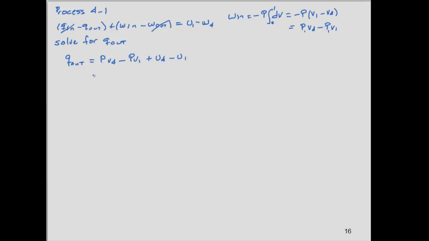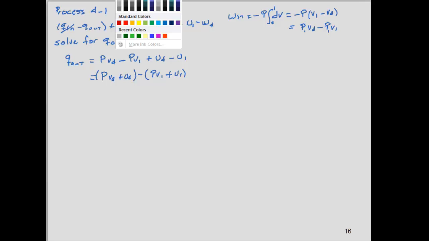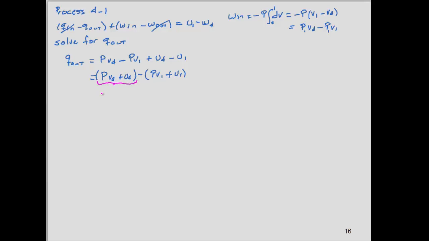Now we are going to gather these together. P V4 plus U4 minus P V1 plus U1. We are factorizing this minus sign, and you may recognize this as enthalpy from your fluid mechanics class or your thermal 1 class.